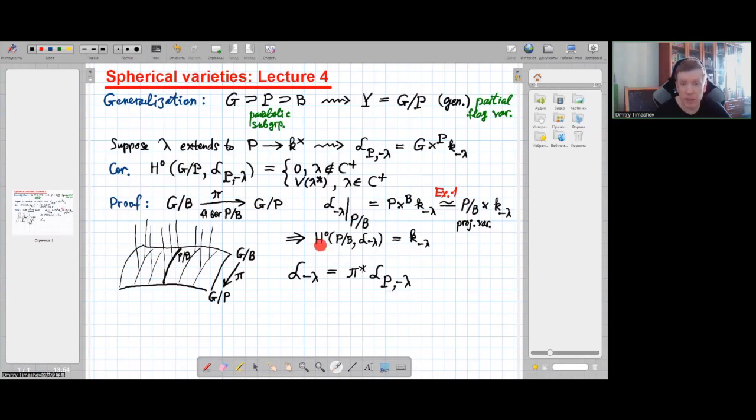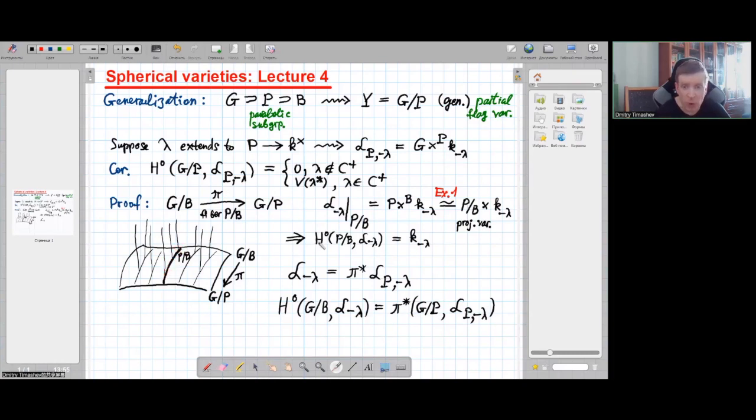But the computation which I did here shows also that the space of sections of this line bundle L minus lambda over G mod B is the pullback of the space of sections of this line bundle on the base, on G mod P. The sections which are pulled back from the base are those which are constant along fibers.